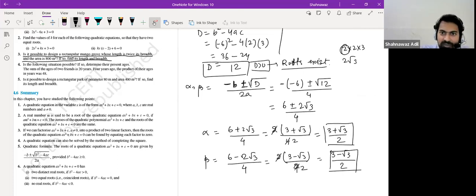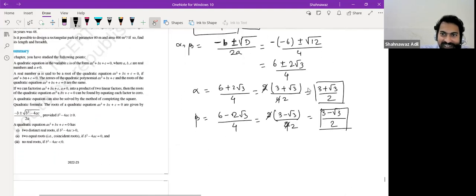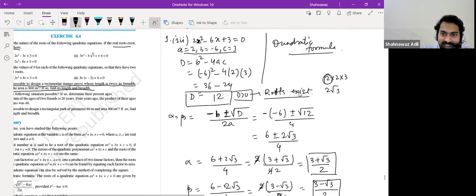Adil, what is the condition for the equal roots?